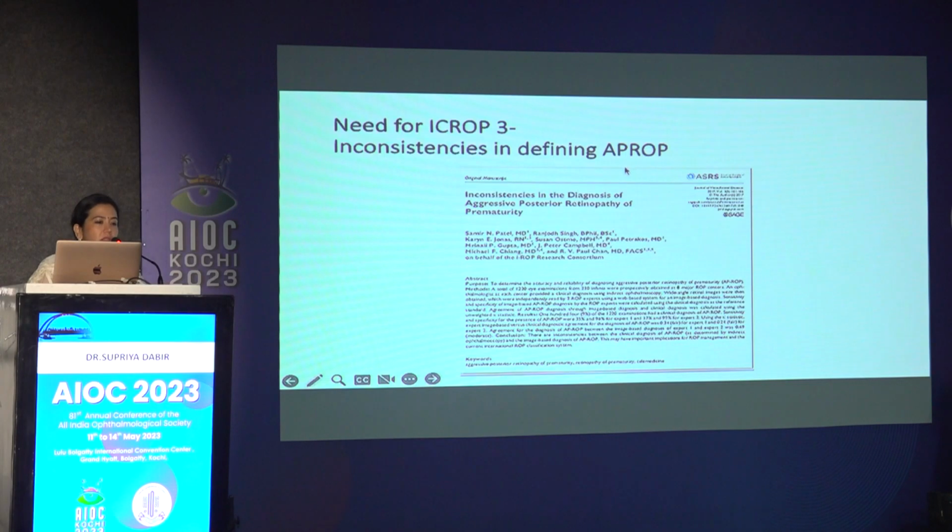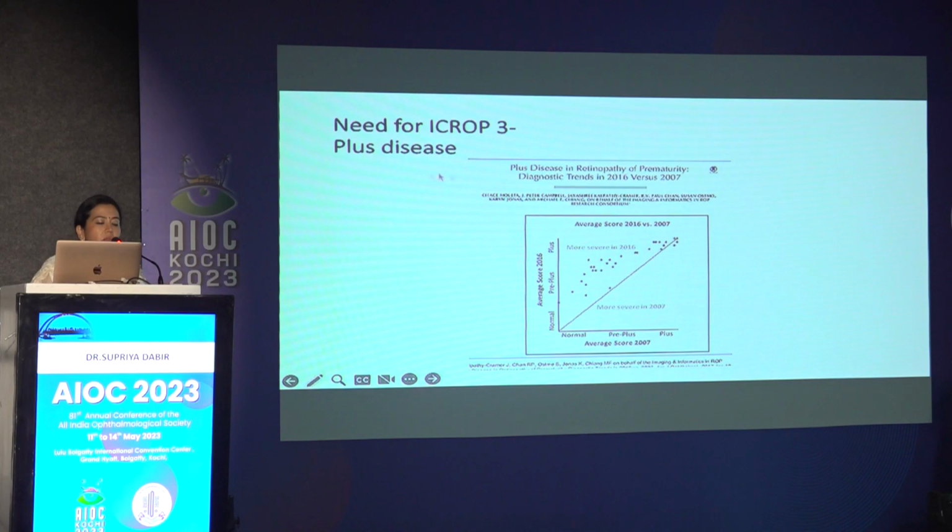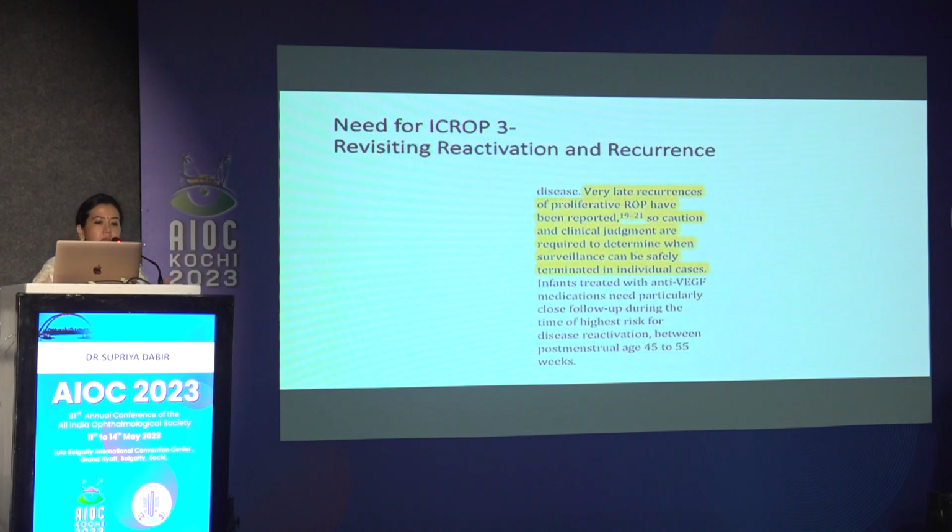In the developing countries, we found that it's not necessarily posterior, and hence there were inconsistencies in their definition and diagnosis. Also the plus disease trend varied across generations as our imaging techniques improved, and we were able to diagnose the various forms of pre-plus and plus. We had to redefine it.